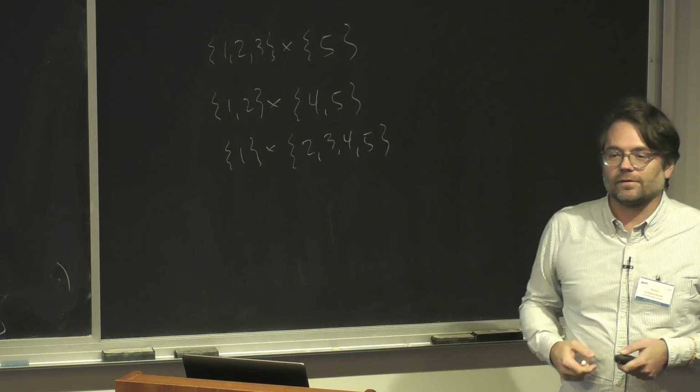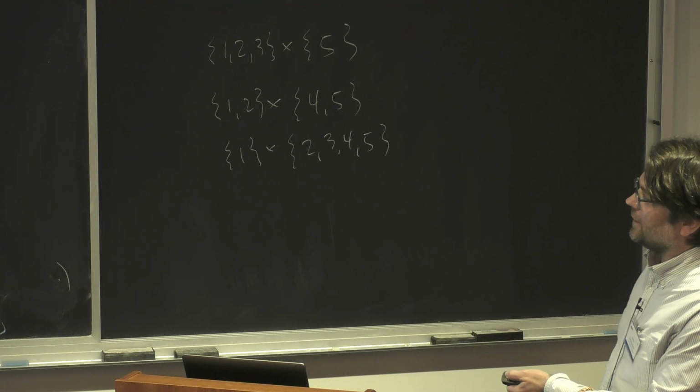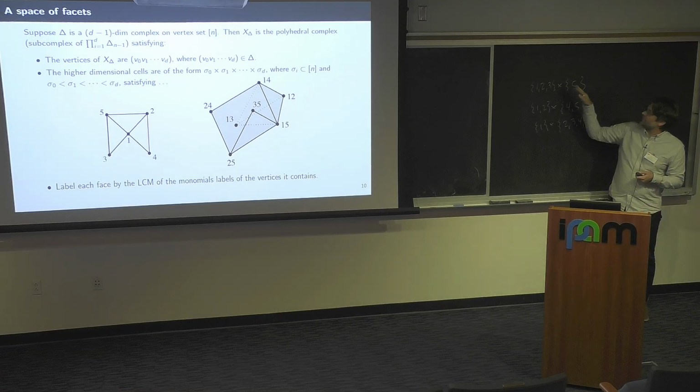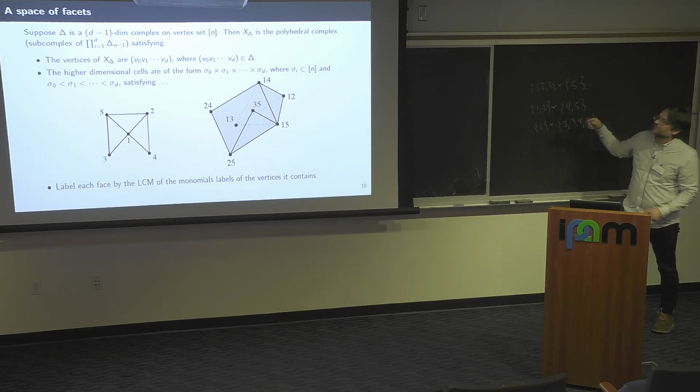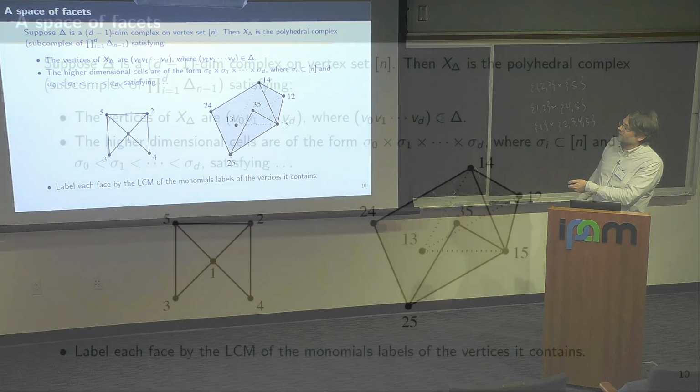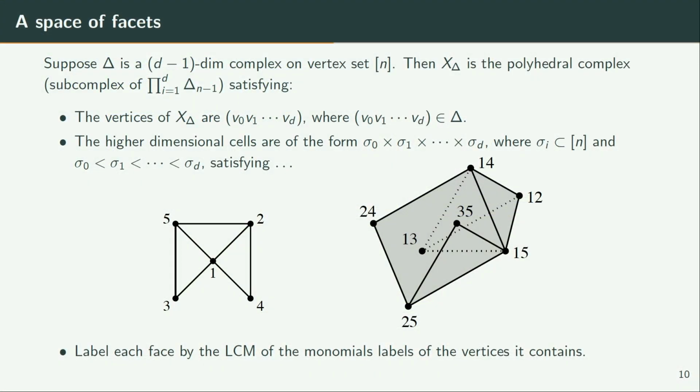That's the data of these cells, and then the condition that I dotted here means that every choice from these collections, one for each. Oh, this is actually okay. This is one-dimensional, so I have two things here. Since the underlying simplicial complex has two things in a facet, there are always two sets here.